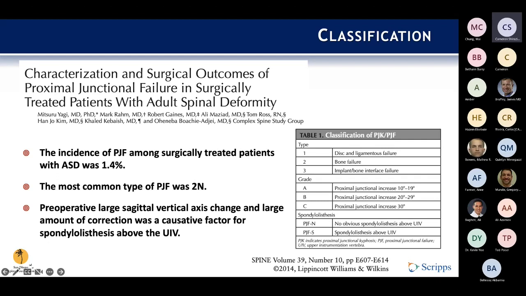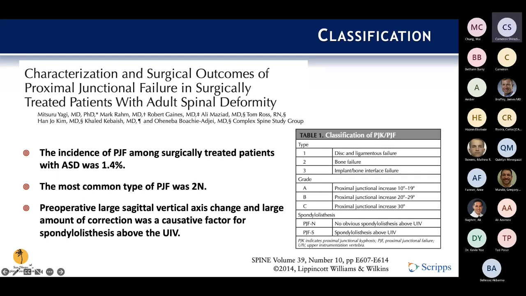Moving on to classification of this. This is proposed by Yagi et al., and it was revised after the initial classification in 2012, so this is a newer version. It's based on both etiology of the failure and the kyphosis angle.